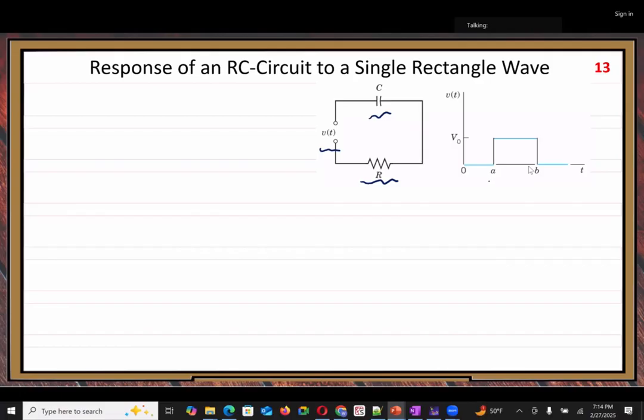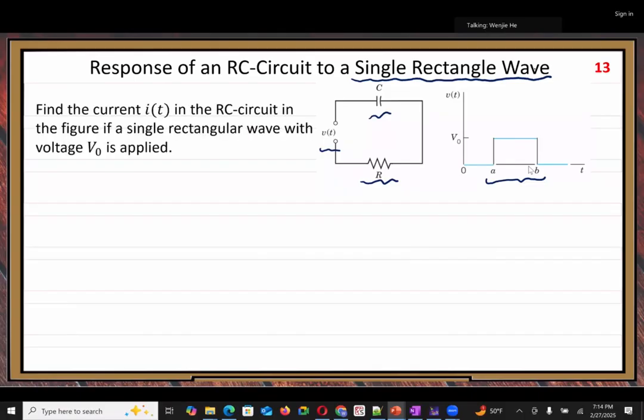The function is like this. It's called single rectangle wave. It's a rectangle wave. Single rectangle wave. So how to solve this application problem? Find the current, little i of t.